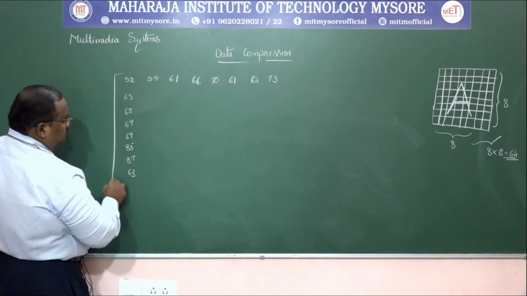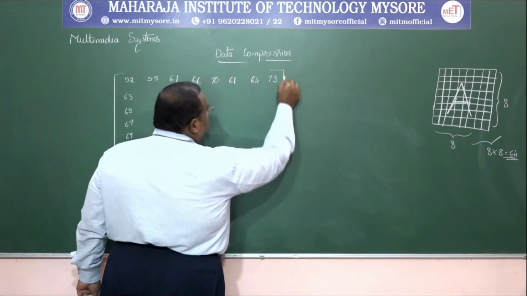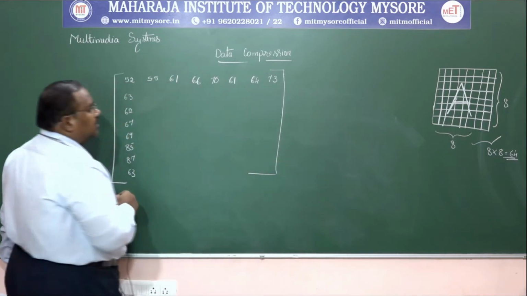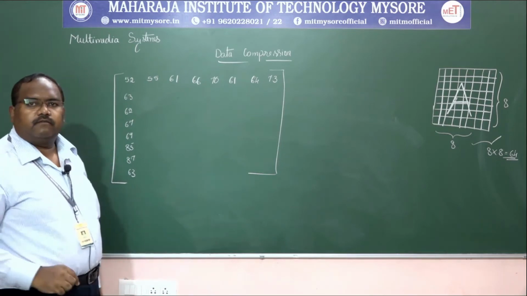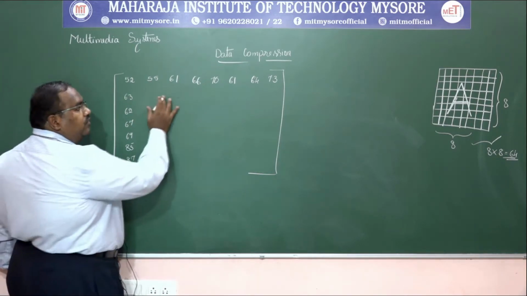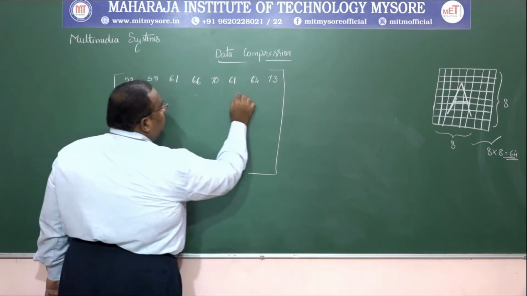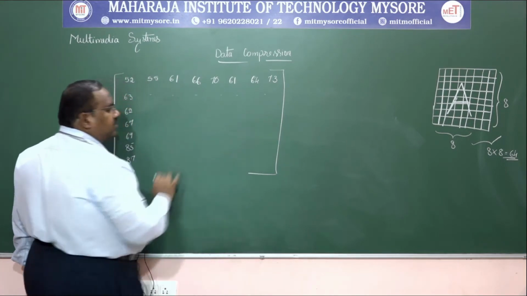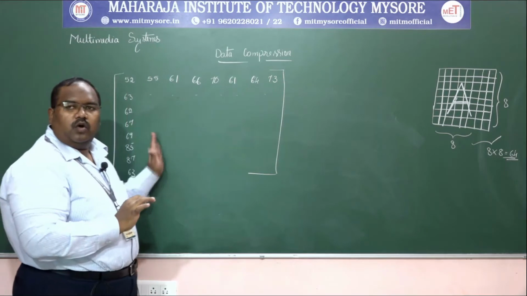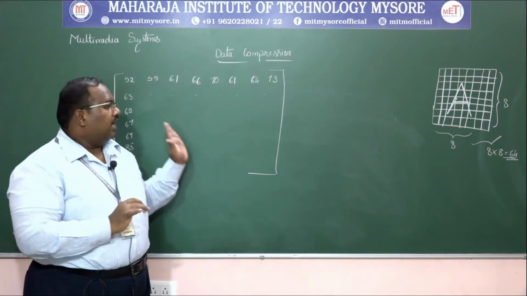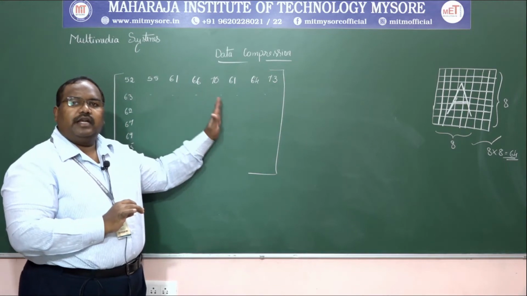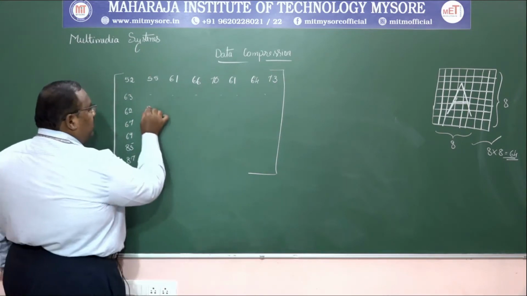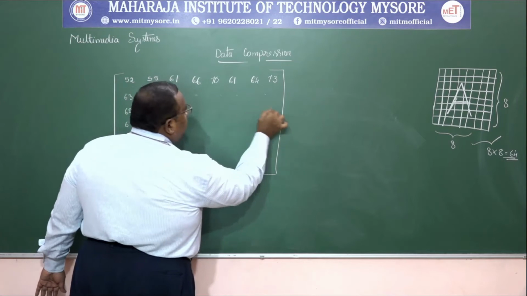Now this is an 8 cross 8 matrix. Even I am supposed to fill in all this data. Just for demonstration purposes, I am taking one row and one column, that's it. I am not considering all the other things, but in practice every position would be filled with data, here, here, here.